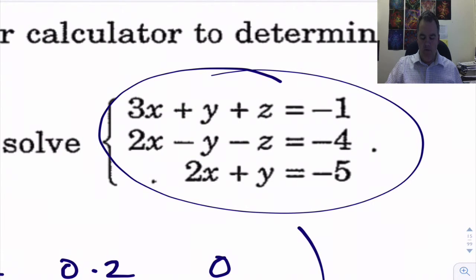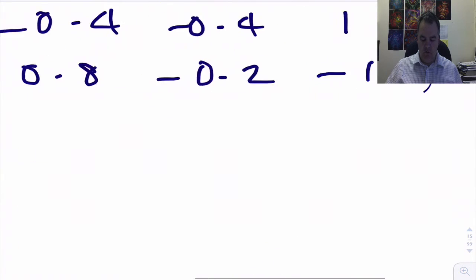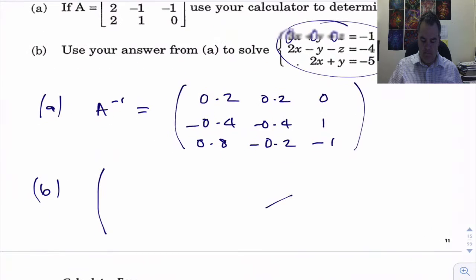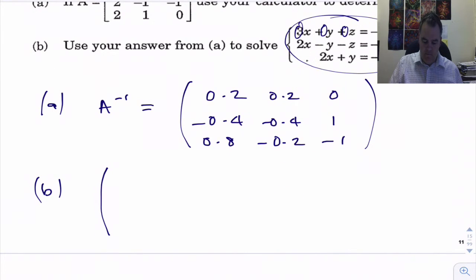I'm going to form a matrix using the coefficients of x, y, and z in each one of these. So 3, 1, 1 is my top row. In the next row, we've got 2, negative 1, negative 1. And the next row, we've got 2x plus y, so 2, 1, 0.